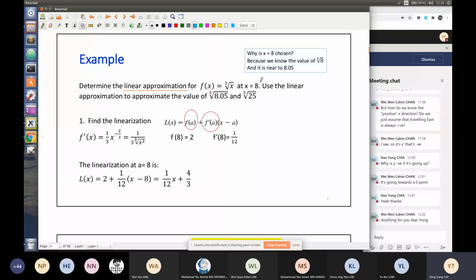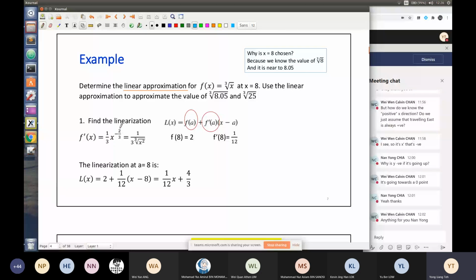So the first step is just to get your f prime. Once you get f prime, substitute the function value and the f prime value into your linearization, and then you can perform whatever calculation given whatever point x. So f prime of x is trivial. Just bring down the power, which is 1/3, and then 1/3 minus 1 gives minus 2/3.